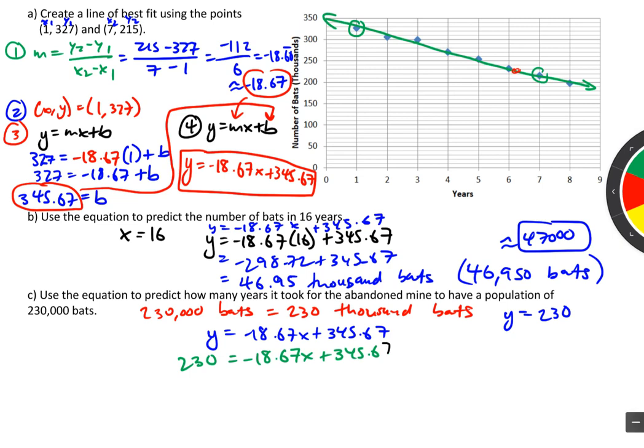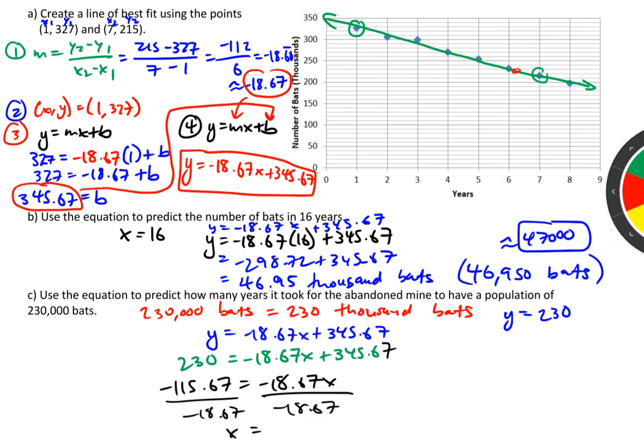I don't know what happened to the 7 there. 230 minus 345.67 is going to be negative 115.67 equals negative 18.67x. Then we need to divide, and then we can solve for x. So x is going to be negative 115.67 divided by negative 18.67.